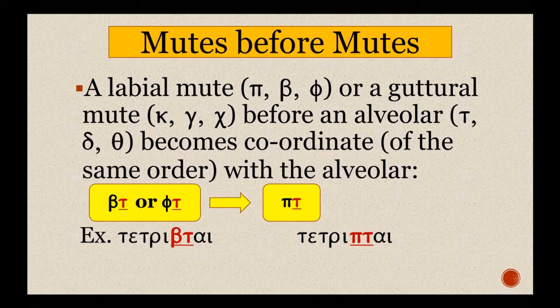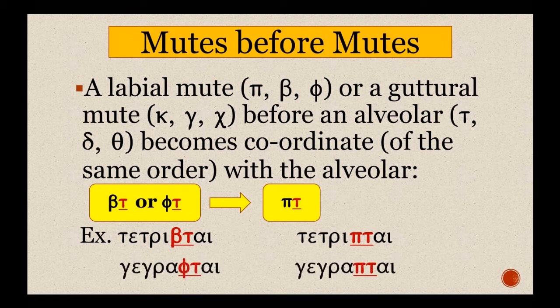But notice, this is a labial, this is a labial. This is just causing this to take on the same, unvoiced, right? So, same thing with gegraptai, we love this. So this is grapho, to write, reduplicate the first consonant, and I put this vowel here, so I make another syllable.